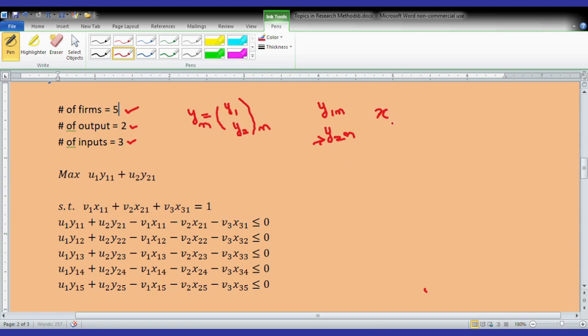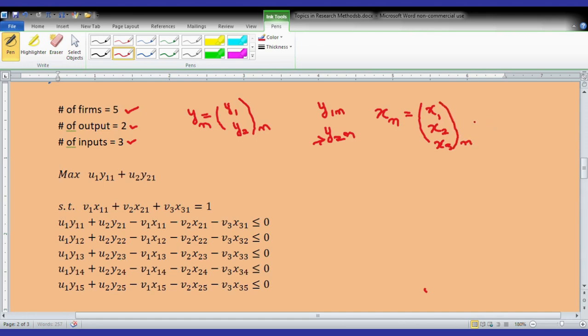It is 3-dimensional, and that n will again be indexing the firm in question. So this then is x1, that is the first input, x2 is the second input, and x3 is the third input.